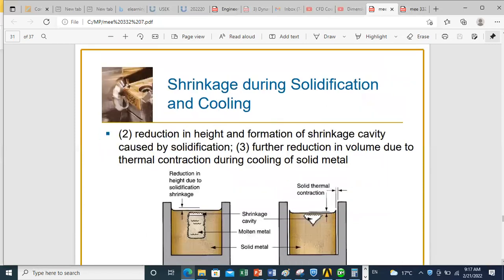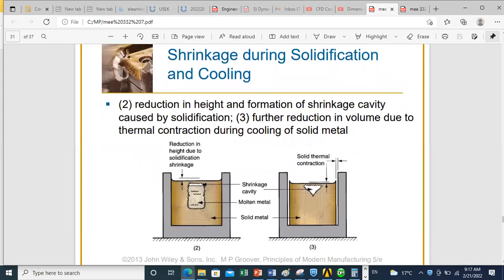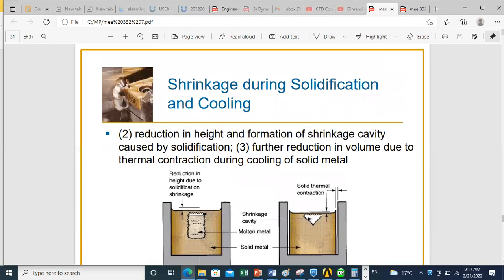So we can see here that we have a lot of phenomena that are not desired during solidification. For example, in this case, the first region that will solidify is near the walls, and then solidification will continue towards the cavity center. Because of this effect, this will sometimes lead to the formation of a shrinkage cavity, because you don't have a continuous supply of molten metal to fill voids.